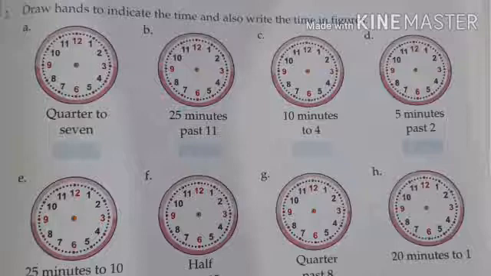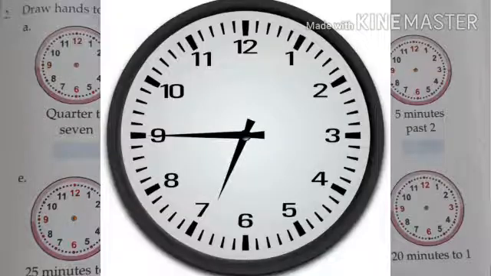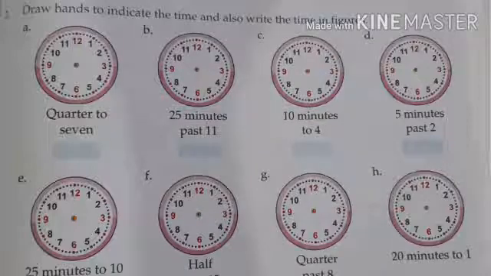So finally the minute hand will be at 9 and the hour hand will be a little bit back from 7. So look at this figure. You will draw like this. Quarter to 7, that is 6:45. Do all these questions in your book only.